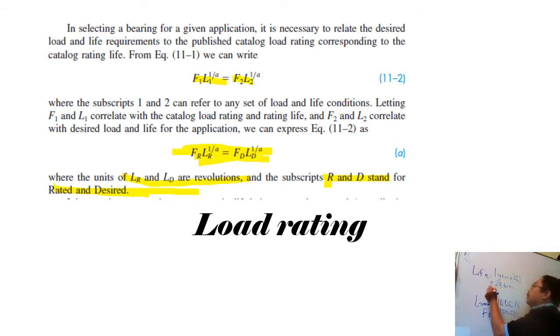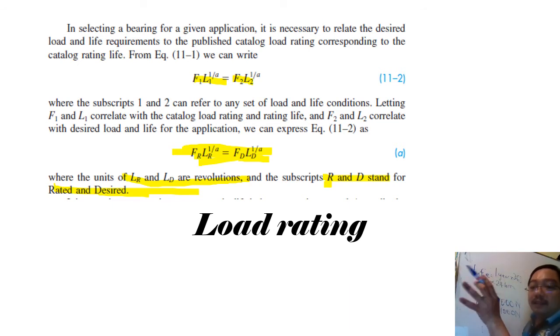You calculate how many hours you get. This is what you desired for 1 year, meaning that after 1 year you want to replace the bearing. This is the life that you desire.